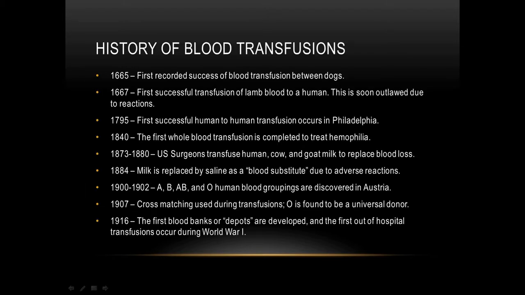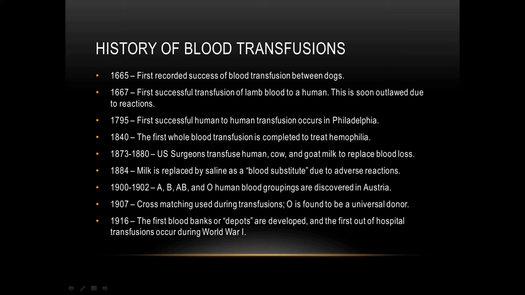And we're going to talk a little bit about the history. Now, I'm not going to read all of these word for word to you. You guys can read all of this and pause it if you need to. But you can see there, 1665 was the first recorded success of blood transfusions between dogs. America itself was not even a thought yet, but a lot of this was happening in England.